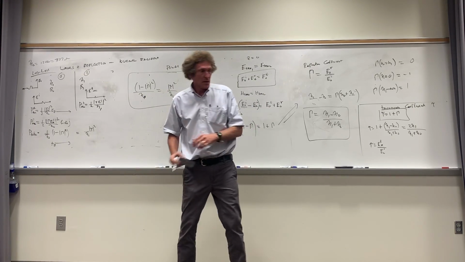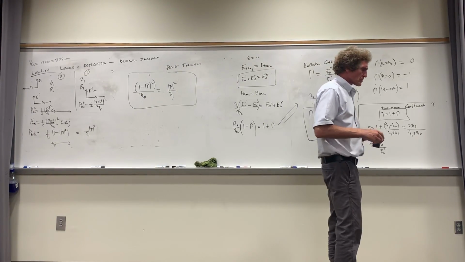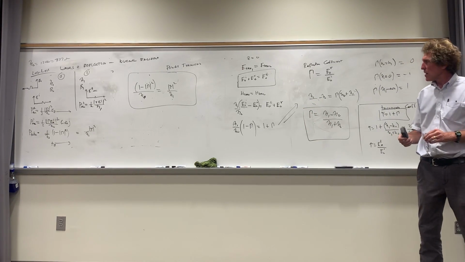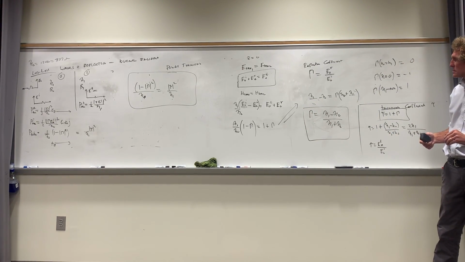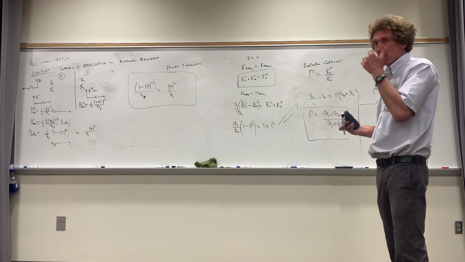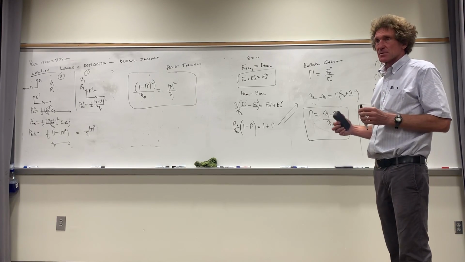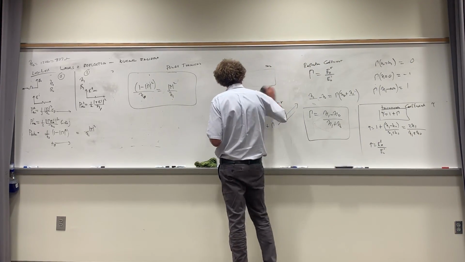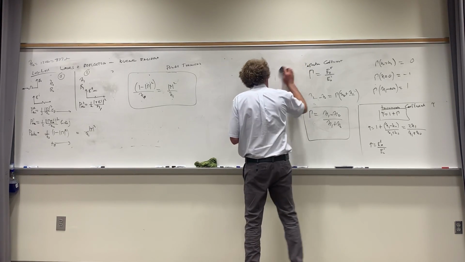Next, I've got to do oblique incidence, but I almost feel at this point it's worth doing a problem or two just to capture some of this stuff. So let's do it this way. Here's a typical problem you might see on Friday.